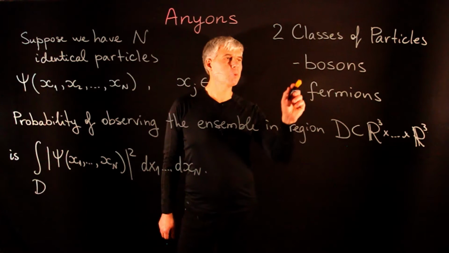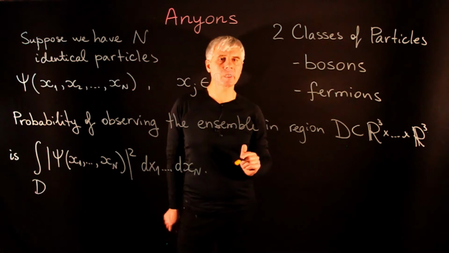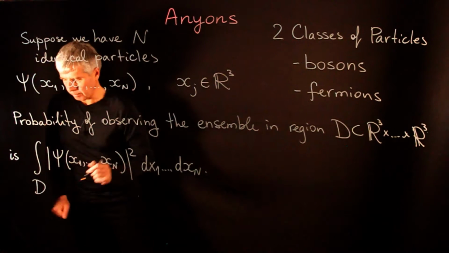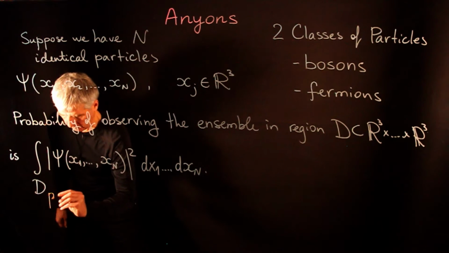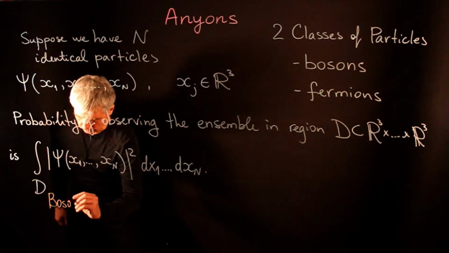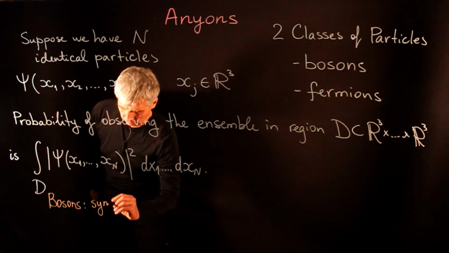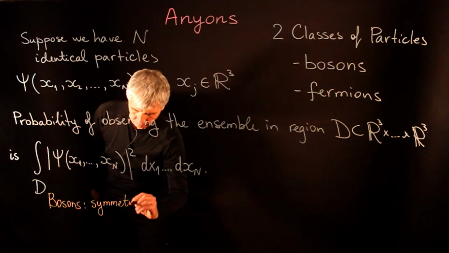The difference between bosons and fermions is in the behavior of their wave functions. So for bosons, the wave function is symmetric.